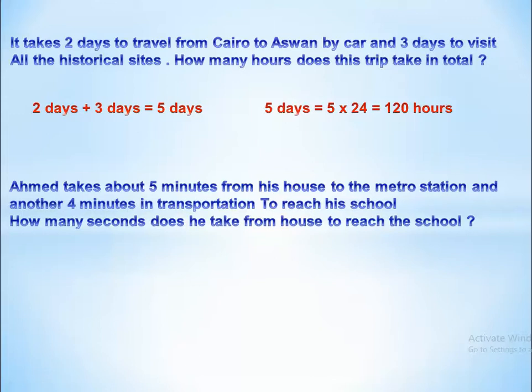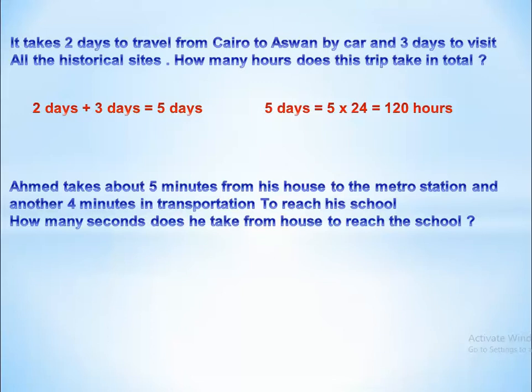Ahmed takes about 5 minutes from his house to the metro station and another 4 minutes in transportation to reach his school. How many seconds does he take from house to reach the school?